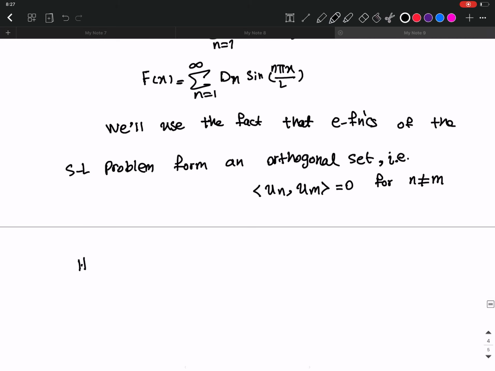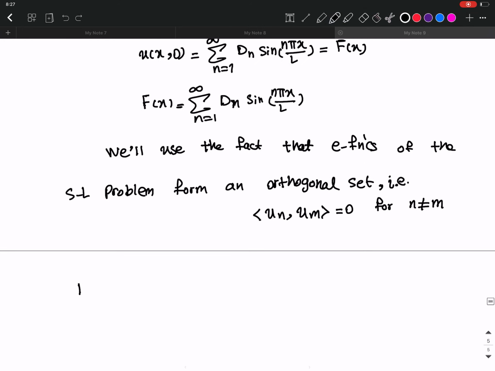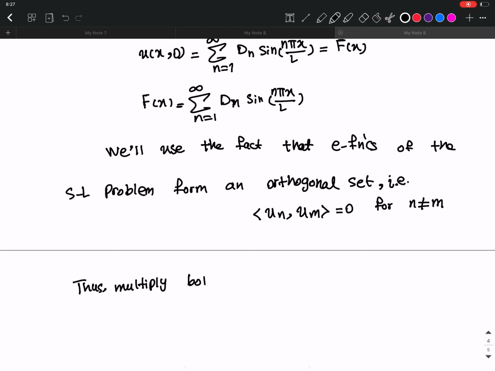So hence, thus, multiply both sides of that equation by, so this is a trick that I'm going to use, multiply both sides by sine m pi x over L and integrate over the domain.